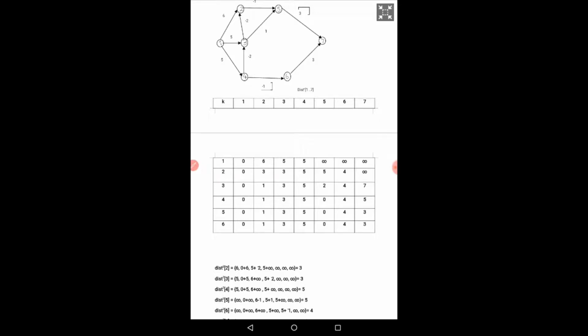Then node 6 also the value is infinity, so I can write it as infinity. Here 7 also infinity. Then I will write the minimum value from this. What is the minimum value among this? 5 minus 2 is 3, 5 plus infinity is infinity, other things are infinity, so the minimum value is 3. So that 3 I will write here.